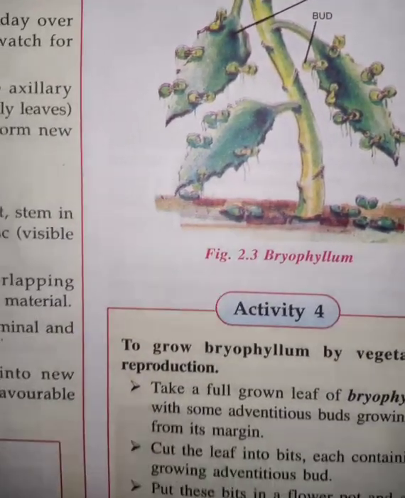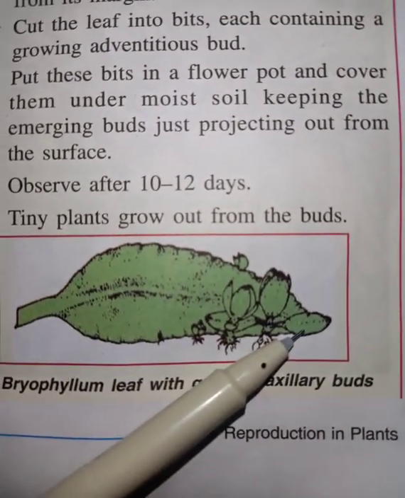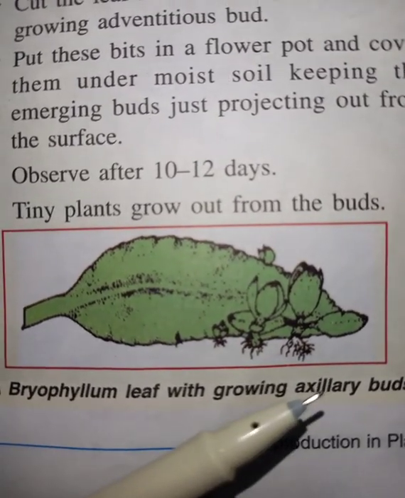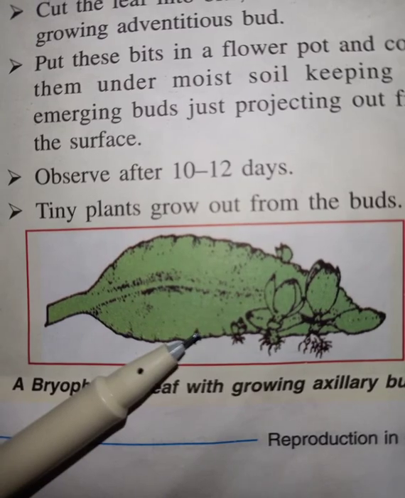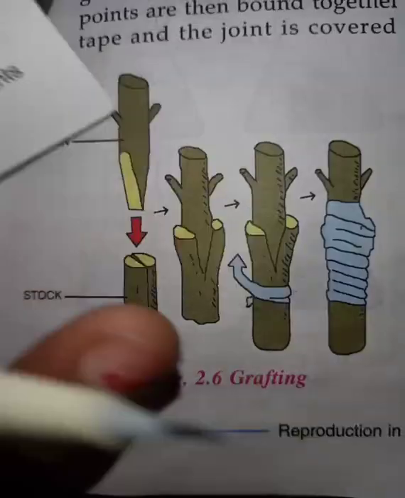You can see in this picture, each bud is able to produce a new leaf. So here the plant is forming with the help of leaf. So that is called propagation by leaf.